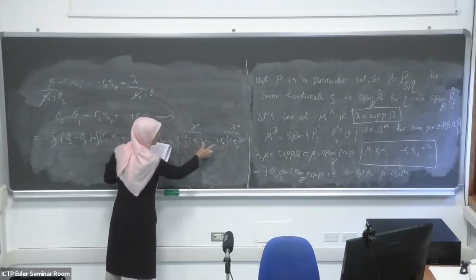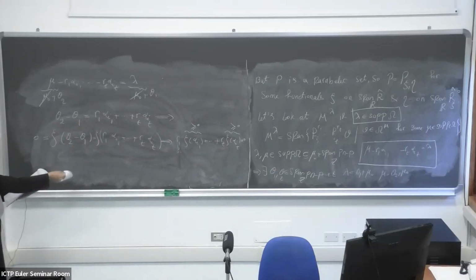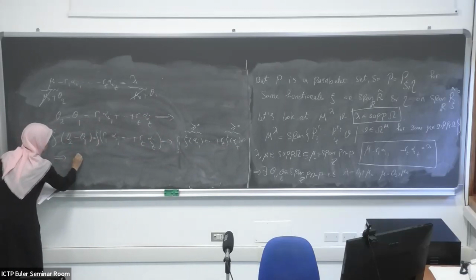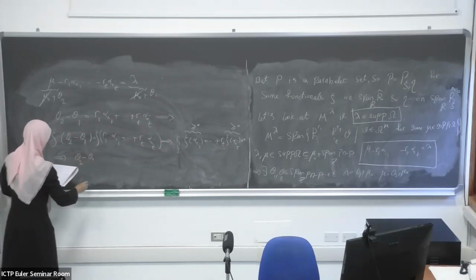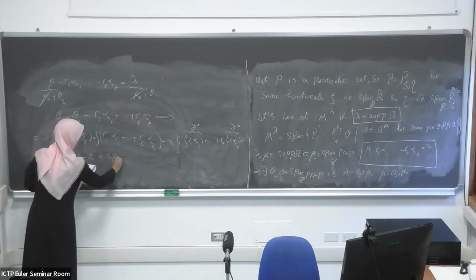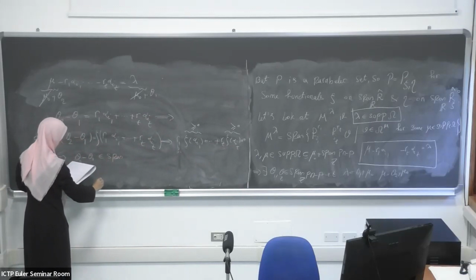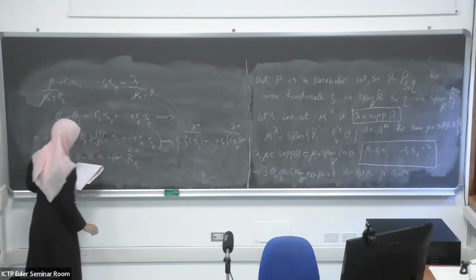So these elements must be 0, and so it means that theta 2 minus theta 1 are elements of S panel R hat null zeta.